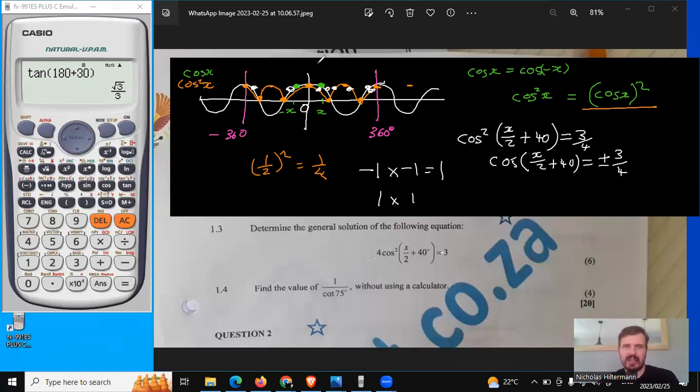So basically what we're saying is it's in every single quadrant. From 0 to 360, when we do it on a CAST diagram, that's essentially 0 to 360. It's just that the sine cos graph spreads out. So we end up having 4 solutions, 1 there, 1 there, 1 there.